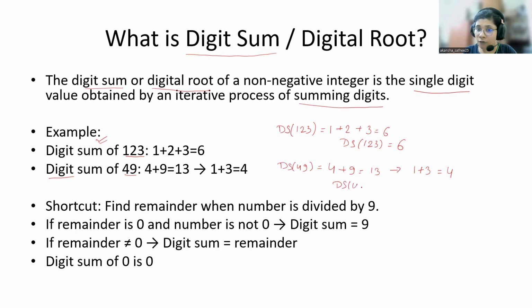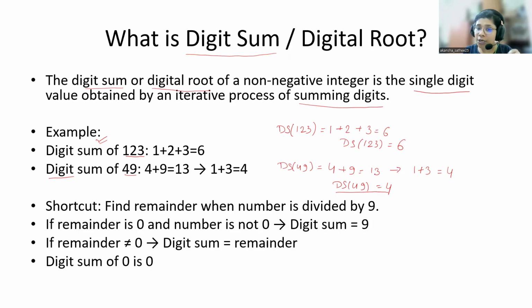So digit sum of 49 is 4. Always remember, digit sum of any non-negative integer is a single digit number. First you have to add the digits in the given number. If you land up with a single digit, that is the digit sum.